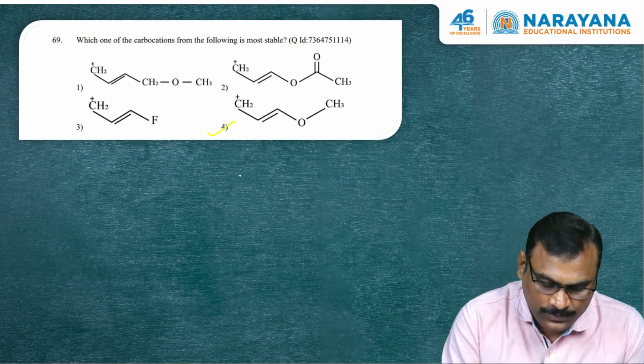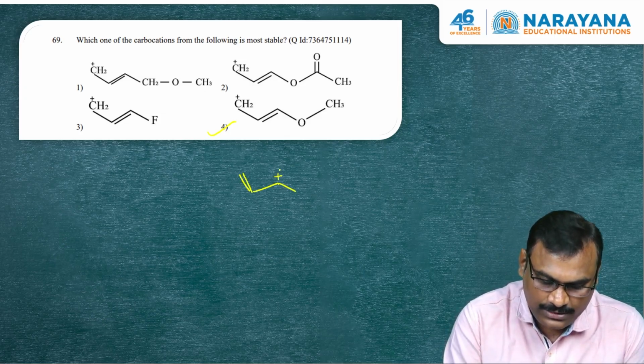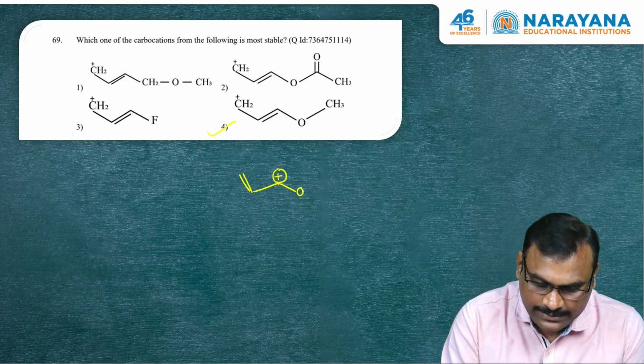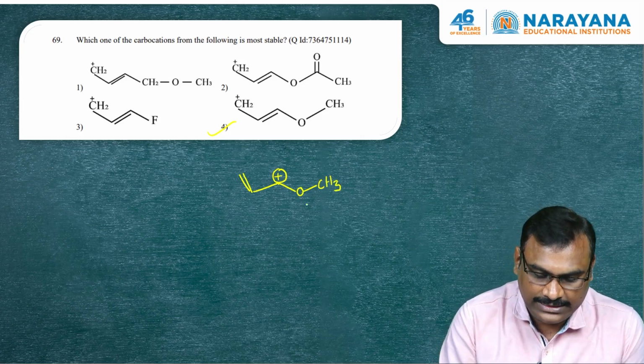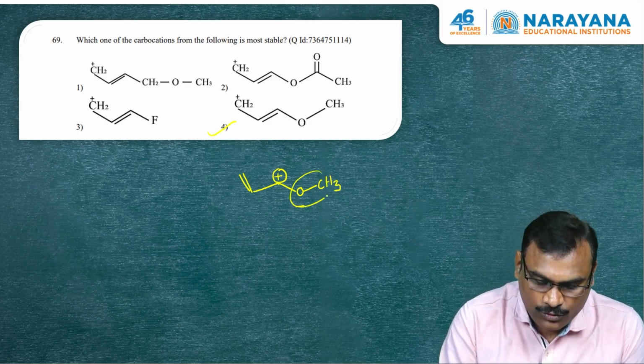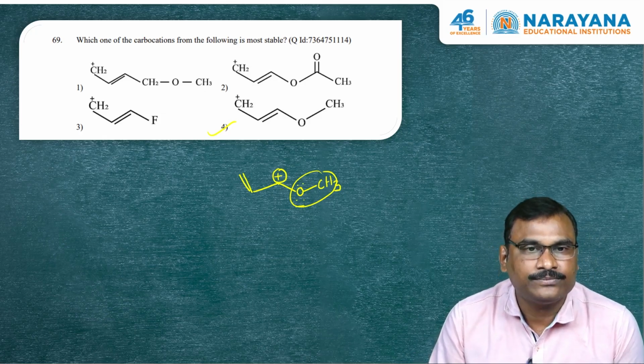Since in option 4, after rearrangement, the carbocation produced is this, which is stabilized by a strong plus M group OCH3, and this is also stabilized by resonance.